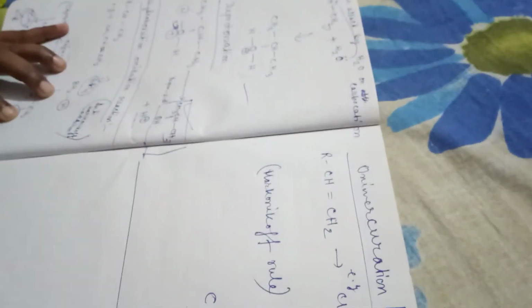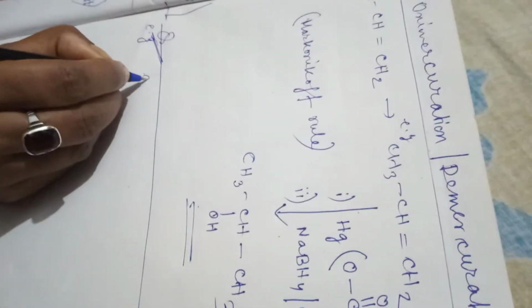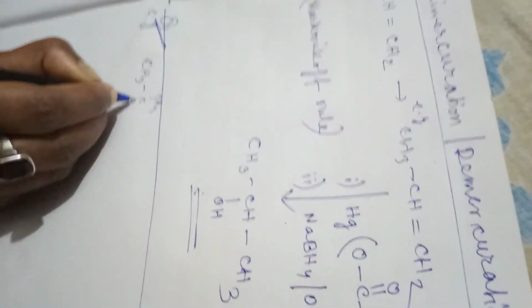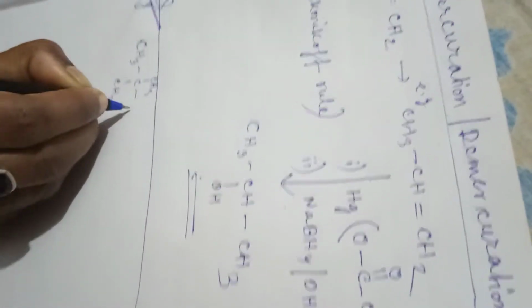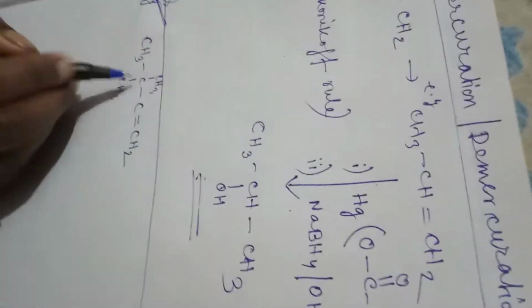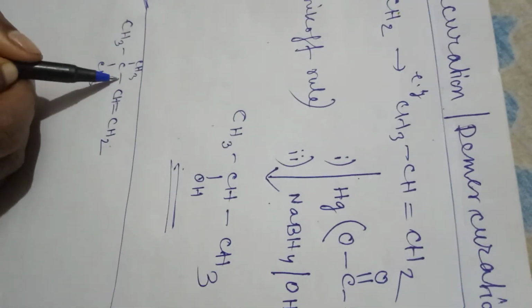Now let me tell you one thing. Suppose one question for you. I will solve it, but I'm giving you the question first. Suppose you have CH3, C double bond CH2, 1 2 3, and CH double bond CH2, 1 2 3 4.